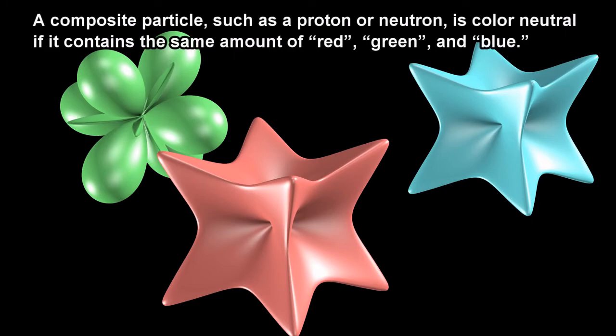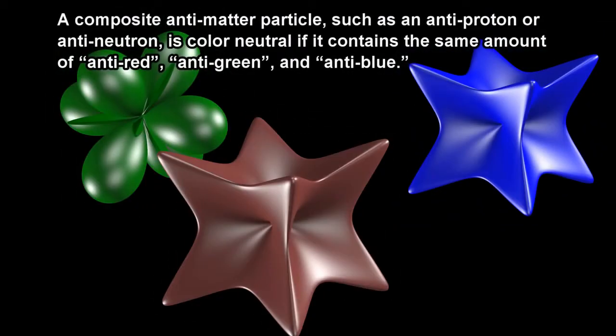A composite particle, such as a proton or neutron, is color neutral if it contains the same amount of red, green, and blue. A composite antimatter particle, such as an antiproton or antineutron, is color neutral if it contains the same amount of anti-red, anti-green, and anti-blue.